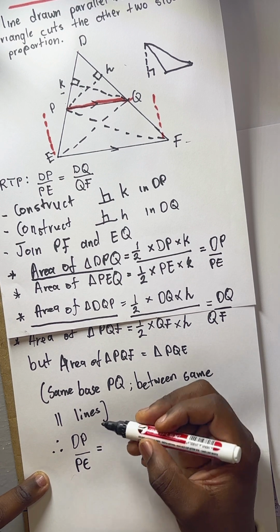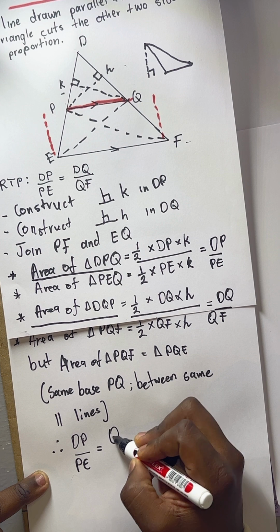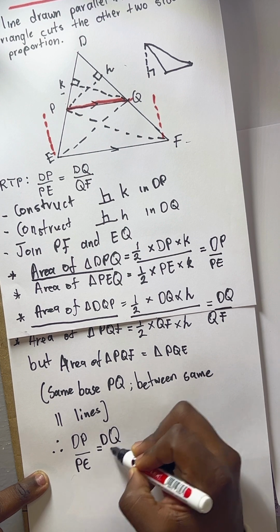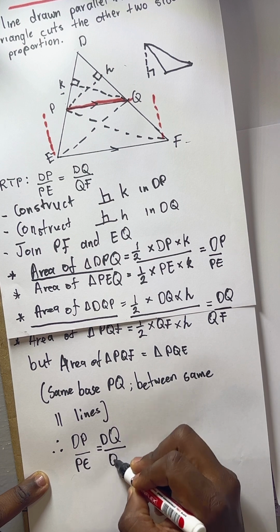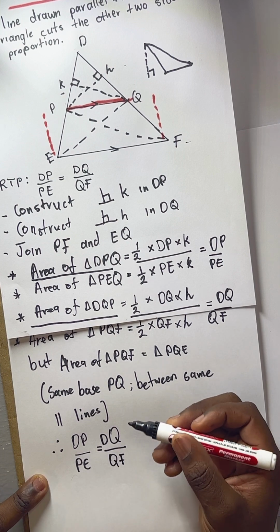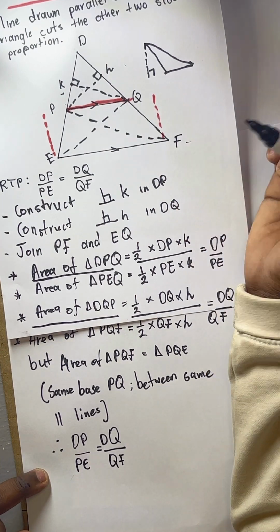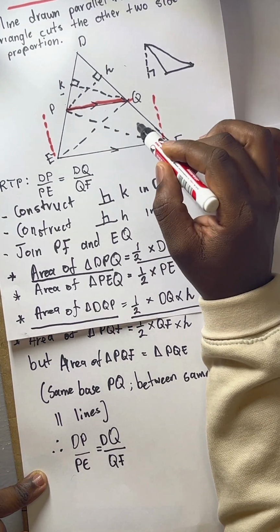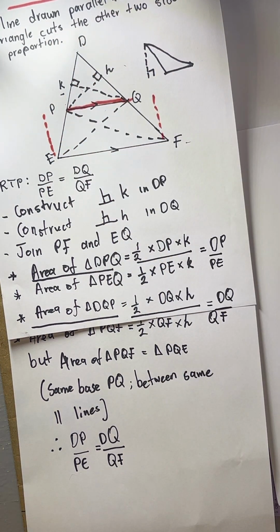It is indeed equal to your DQ over your QF. Why is it so? If these two sides are in proportion, and these angles are the same, and all these lines are therefore in proportion, then you have proven your proportionality theorem in that fashion.